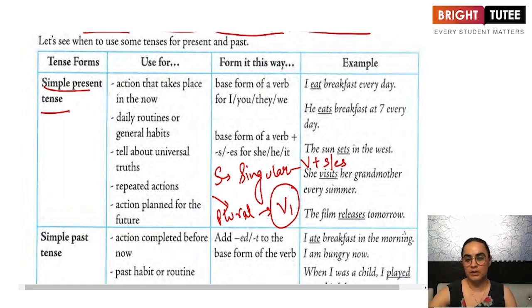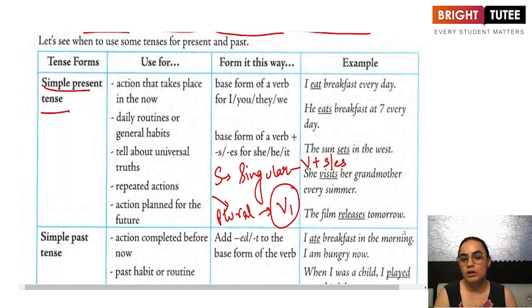We live in New Delhi. They stay up late till night and so on. So this is how a sentence is to be framed. With singular subjects, we always add an S or ES to the end of the verb. And with the plural subjects, we use only the base form of the verb.